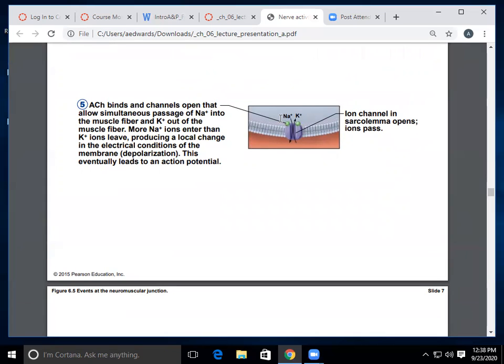All right, so if more positive charge is going in than is leaving, you get more positive charge on the inside, okay? And this leads to depolarization, which causes an action potential.